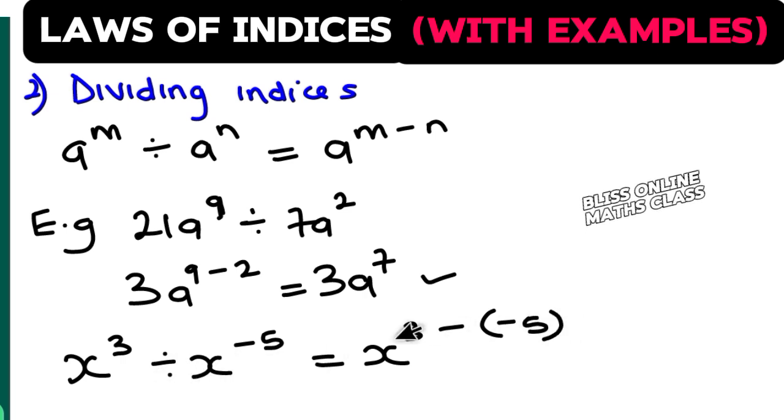Remember, it's division, so we are subtracting. This is 3 minus 5, which is 3 minus minus 5. Minus times minus is plus. So this is 3 plus 5, which is x raised to power 8. And that's our answer.